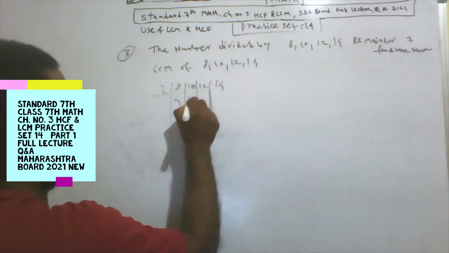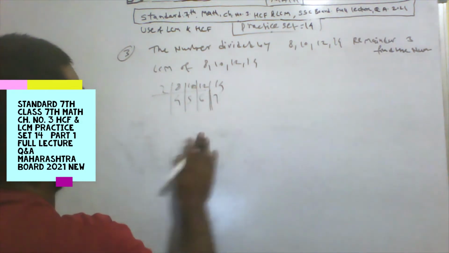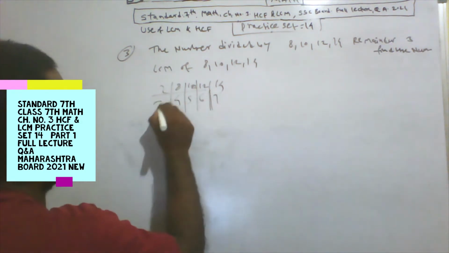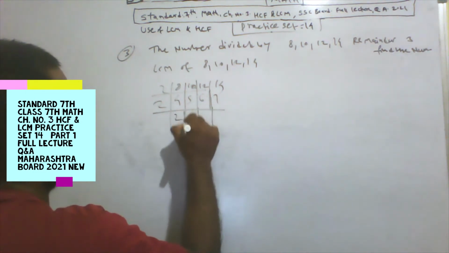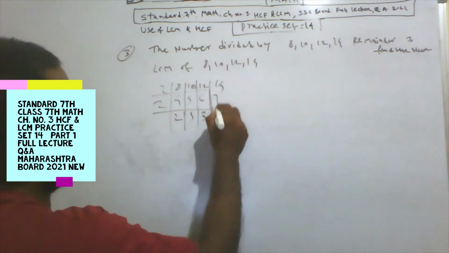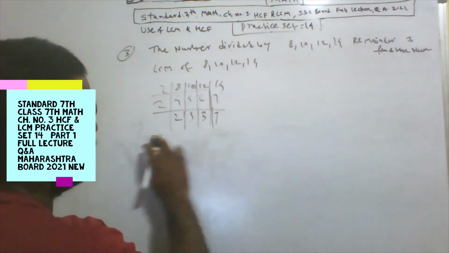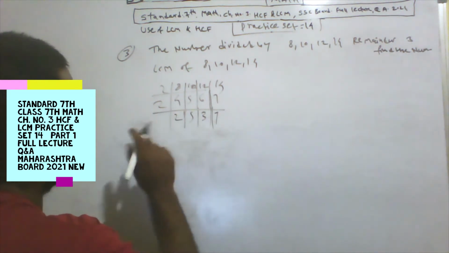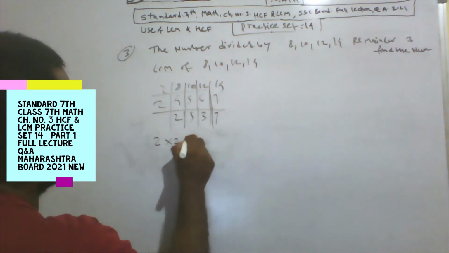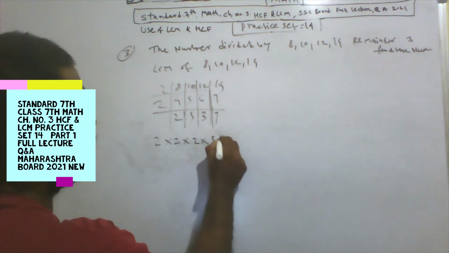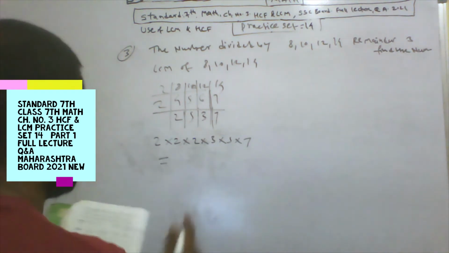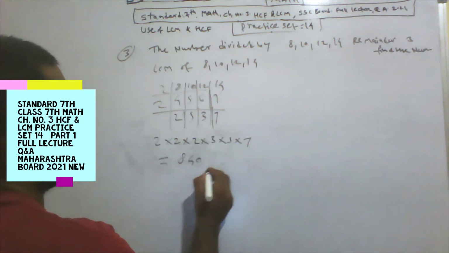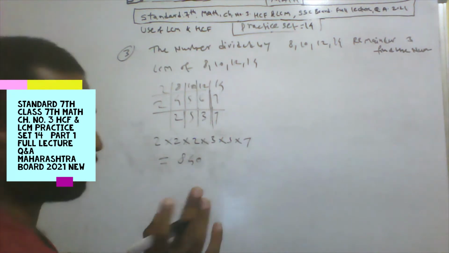2 4s are 8, 2 5s are 10, 2 6s are 12, 2 7s are 14. LCM: 2 2s are 4, 5 remains the same, 2 3s are 6, and 7 remains the same. Now there is 2 three times, 3 one time, 5 one time and 7 one time. The answer is 840.